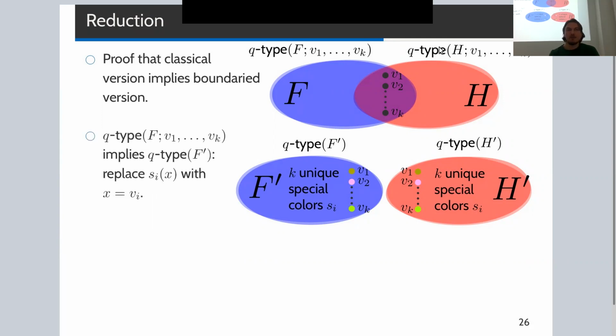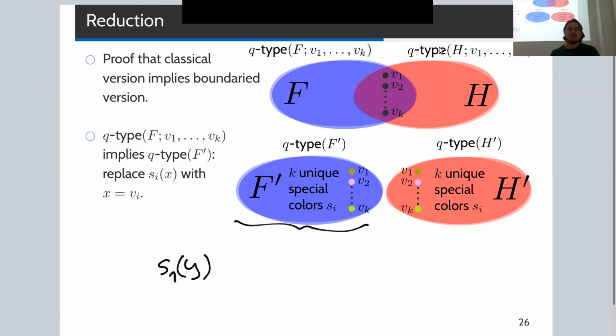And if you know the Q type on F, you can from this deduce the Q type of F prime. Because let's take some formula from here. This formula, for example, contains an atom of the form y(s)(1).